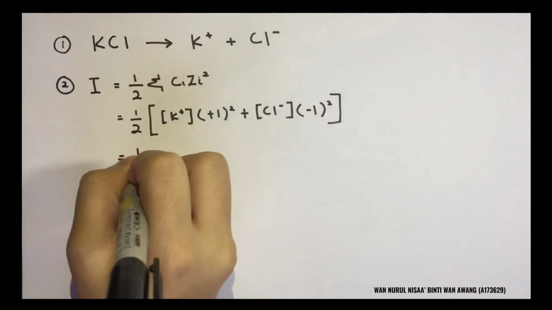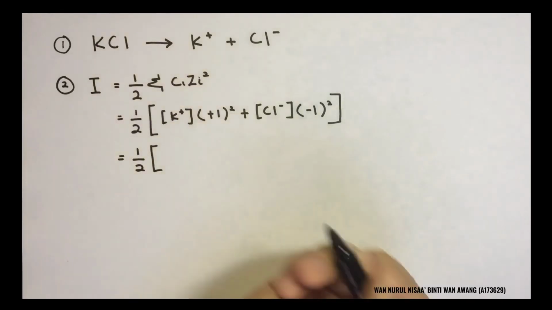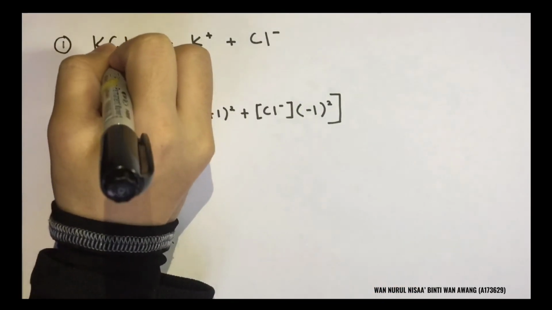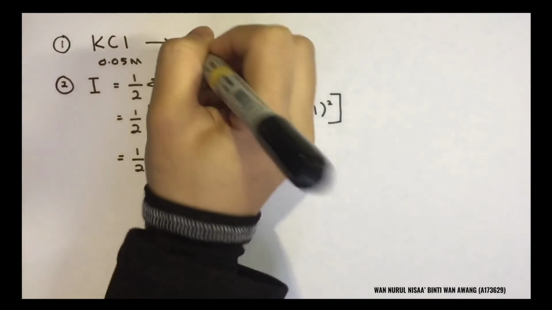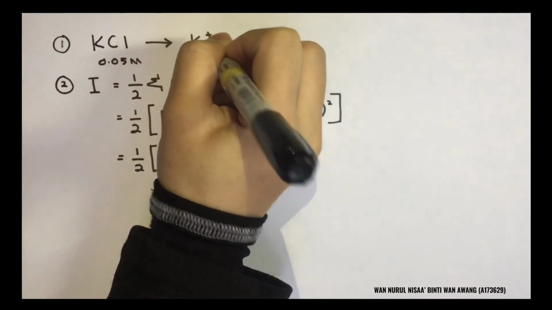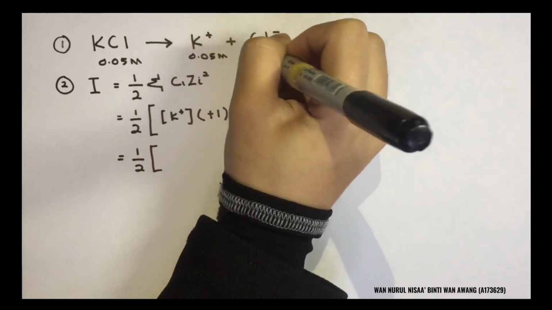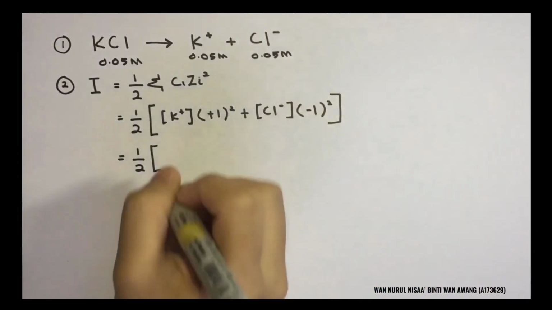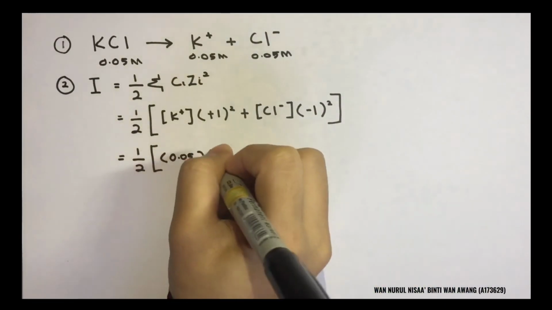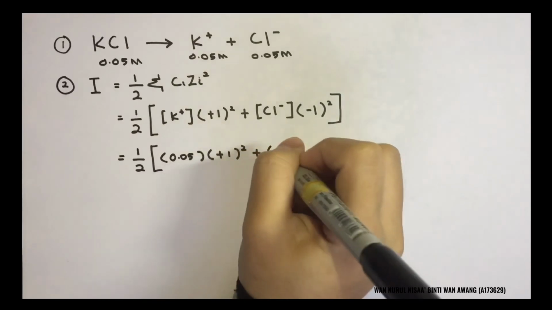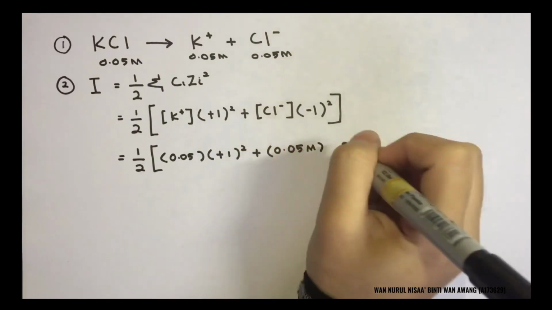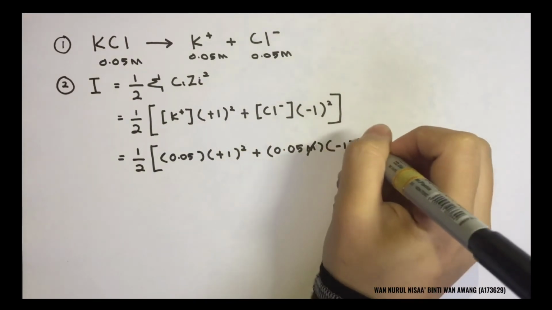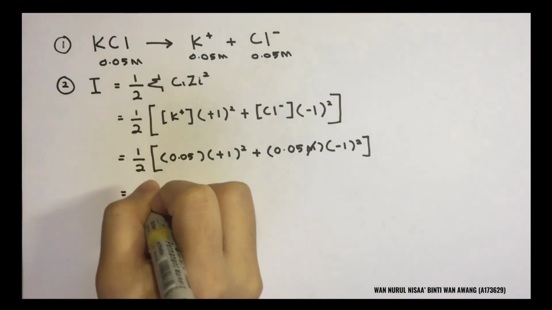Since we have 0.05 molar of solution, we also have 0.05 molar of potassium ion and 0.05 molar of chloride ion. Substitute the concentration values into the formula and we will get the ionic strength of the solution equal to 0.05 molar.